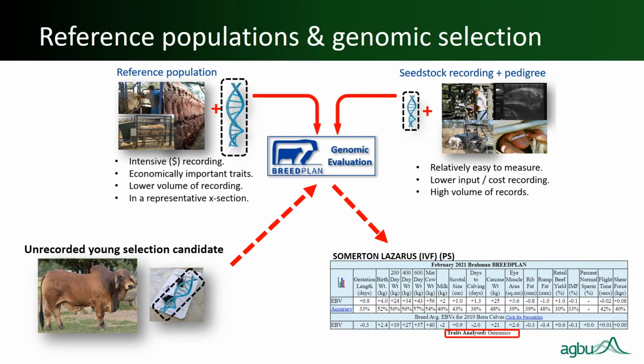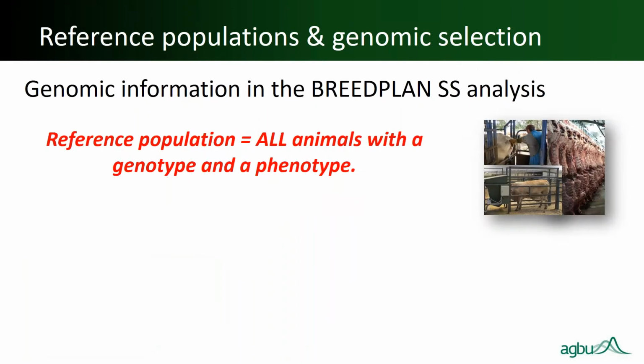It's the combination of our understanding of his relationship to the recorded population that allows us to generate this breeding value accuracy, which is really a game changer. If we can take these relatively unknown, undescribed animals and present them to buyers and breeders with this level of information, it really changes how we can do things.